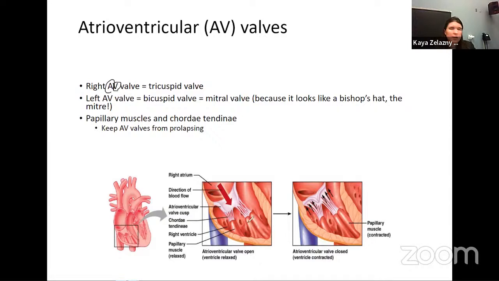So they're both between an atrium and a ventricle, so they're AV valves, but they have different numbers of little leaflets, right? So these are little leaflets. So on the right side, we have 3. So this is a tricuspid valve, so 3 cusps, versus on the left side, we have the bicuspid valve for 2. So bi for 2, cuspid for cusps.